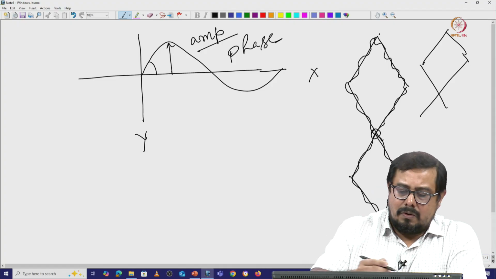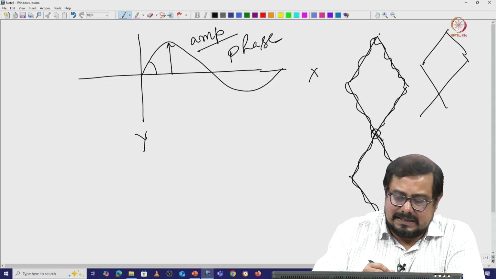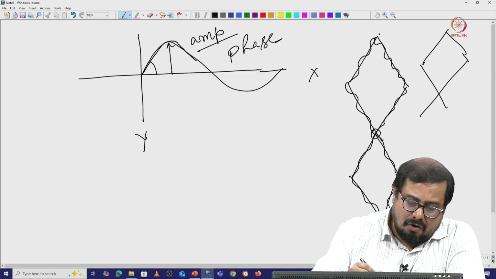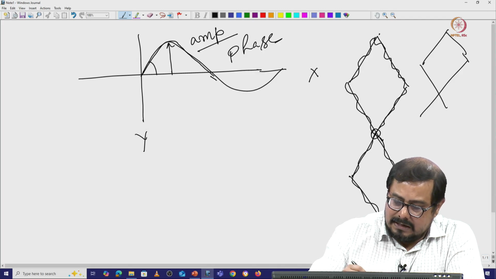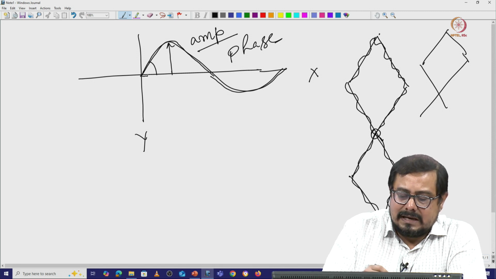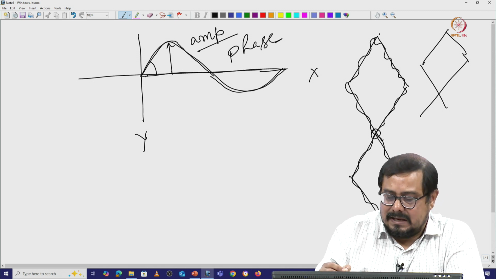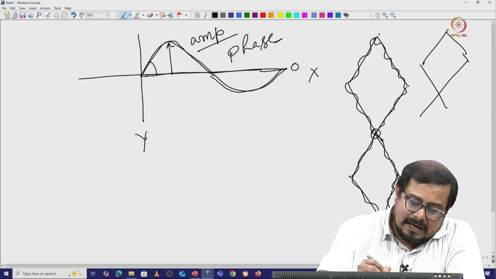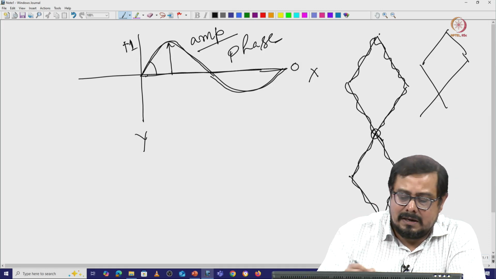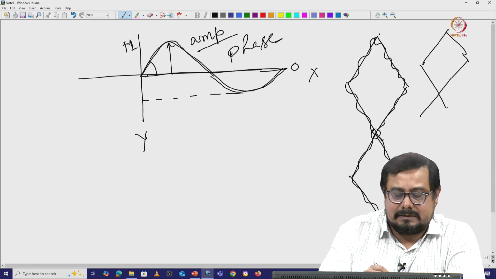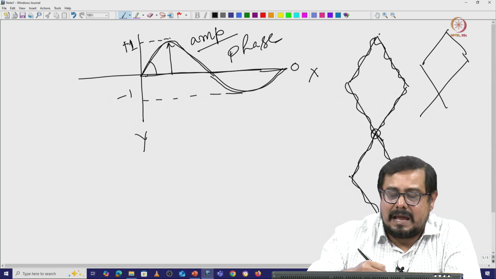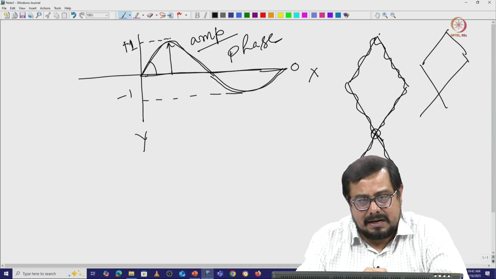So now any wave, if you consider this a complete wave, it is starting from here, going all the way down and then going up again. So near this x axis everything is 0, then it has some value. If you consider this is +1 and this value is -1, here this is the plus amplitude and this is the minus amplitude.